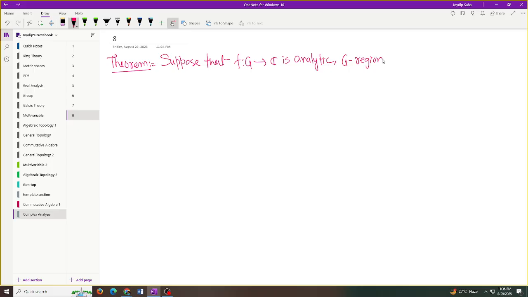Some books say domain. We have, if f dash is 0 in G, then f is constant.